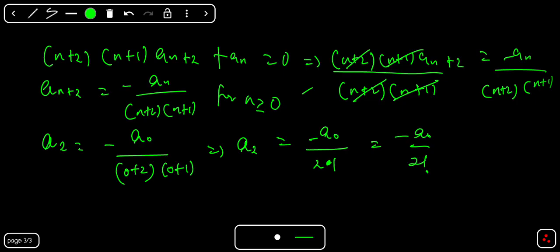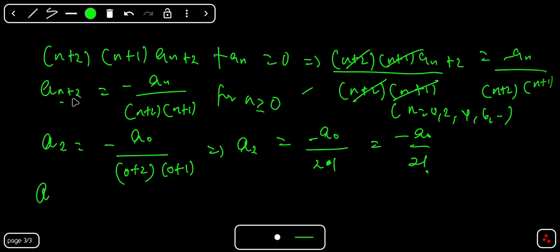So that is a2. We are dealing with even coefficients right now, and we know our even numbers start from 0, 2, 4, 6, and so on. So we are done with when n is equal to 0. Now, when n is equal to 2, what are we going to have?